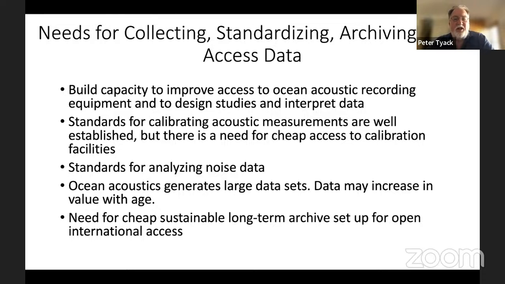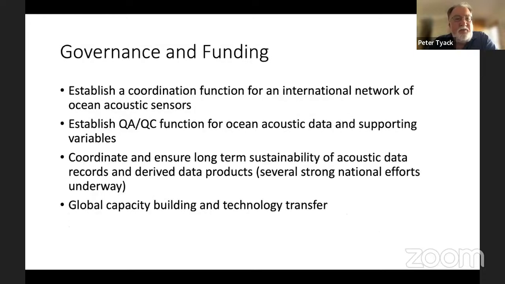Ocean acoustics does generate giant data sets, and the data may increase in value with age. So we have a significant need for cheap, sustainable, long-term archives set up for open international access. Some nations have these in place for military purposes, but the key here is we need open international access.